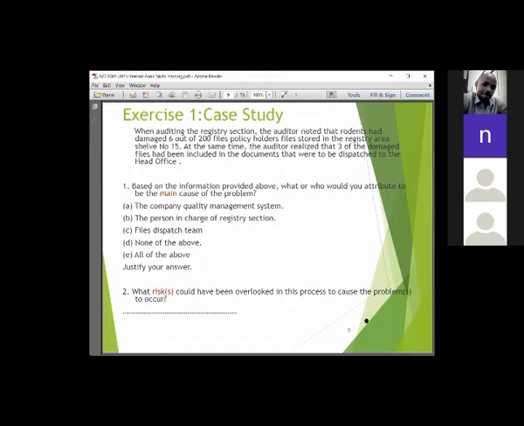I would go with all of the above. All of the above. Okay. Systems, person in charge, file dispatch. Okay, up to you. Anybody else? That is Mr. Mutedia. Okay, let's hear from any other person.